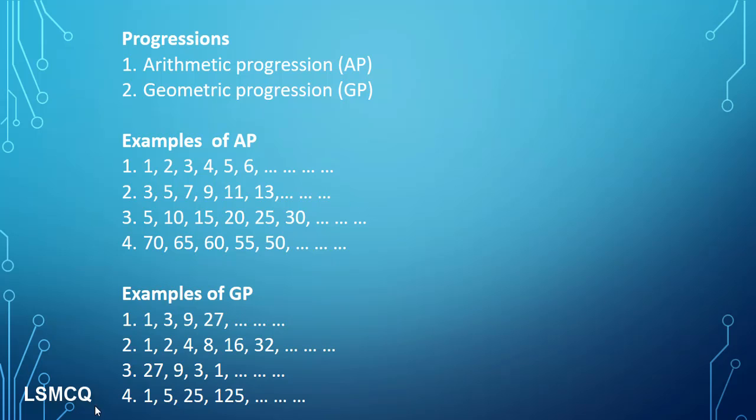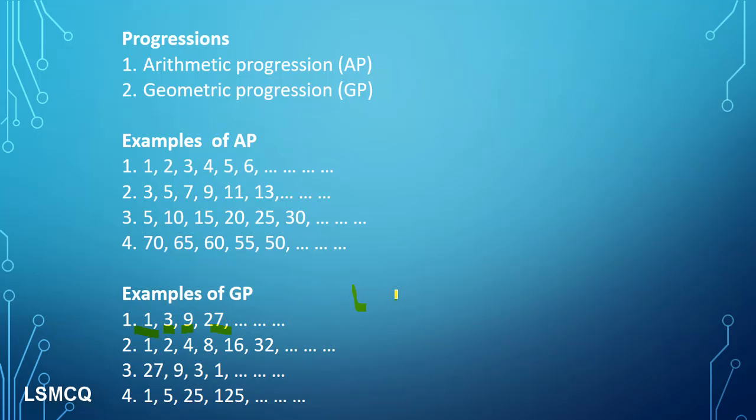So let's move on to GP. In GP, numbers increase or decrease very rapidly. In this case, let's say you have 1, the second term is 3, and 9, and then 27. You can see that these numbers are increasing very rapidly. So in GP, the next number is obtained either by multiplying or by dividing the number.